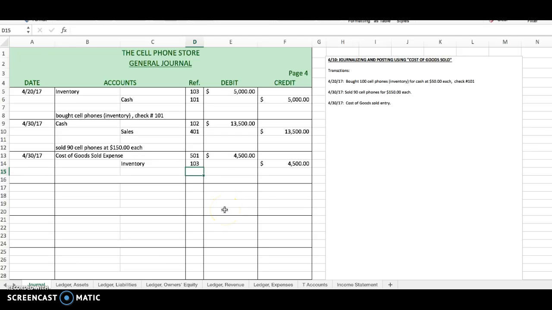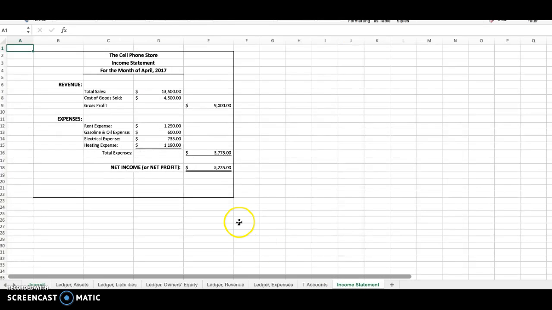Now, the final point in the video on Friday said that all of this ends up on the income statement somehow. We're still not quite there yet, but I want to give you a quick example of what that looks like. If we were to make an income statement, very simple one for the cell phone store for the month of April, the revenue part is what's important. This part right here. Revenue, total sales, 13,500.